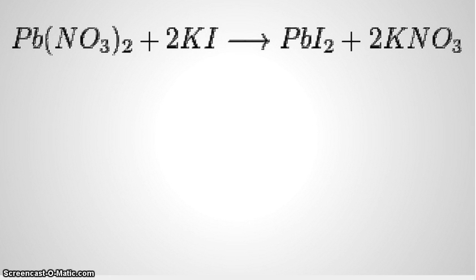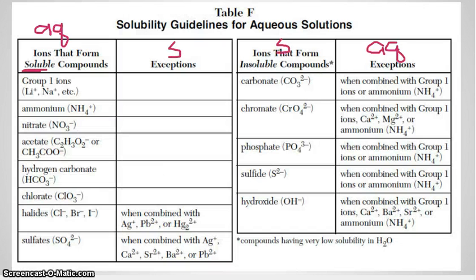Okay, so the trick is, think about what's the name of each one of these. If I look at my first substance here, the name of that is lead nitrate. And you usually are going to focus on the anion or the second ion. So NO3 we know is nitrate. So what you're going to do is go back to your table F and look up nitrates.